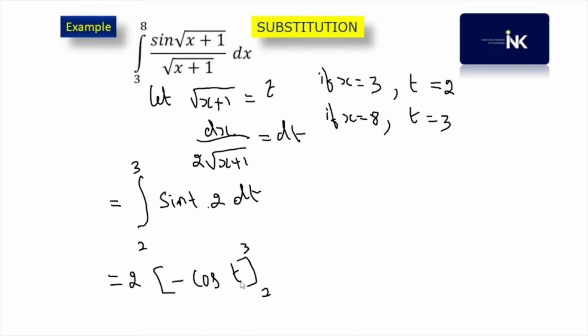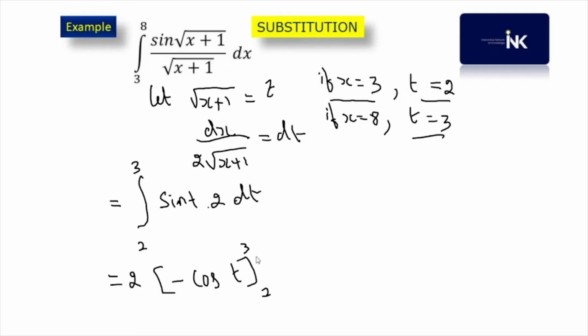Now here there is no need to substitute root of x plus 1 in the place of t again, because we changed the limits for t. In the previous example, the limits 3 and 8 were for x, but here the limits of x are changed to limits of t. So the upper limit is 3 and the lower limit is 2.